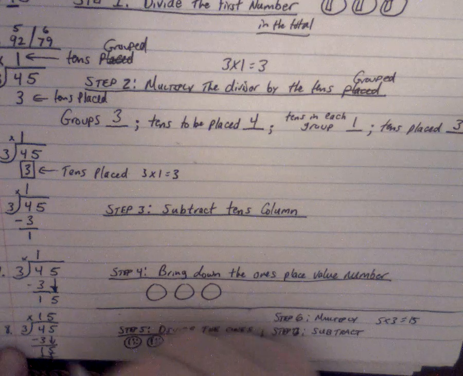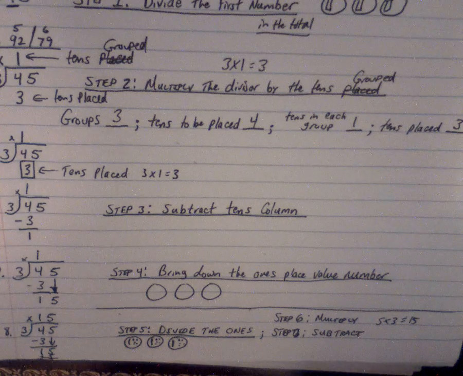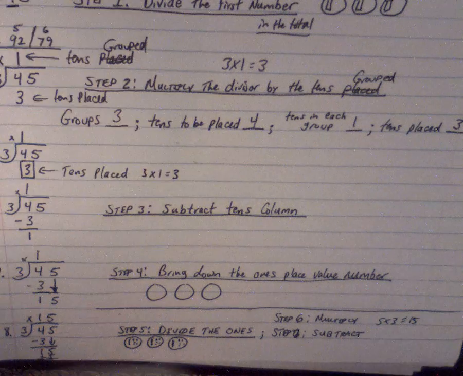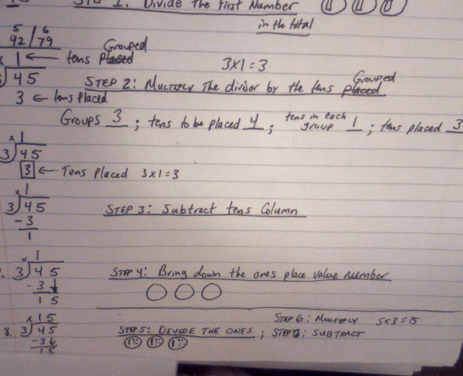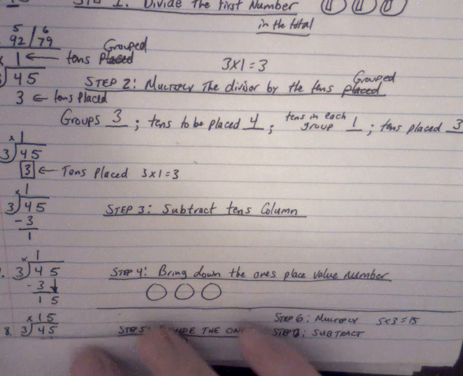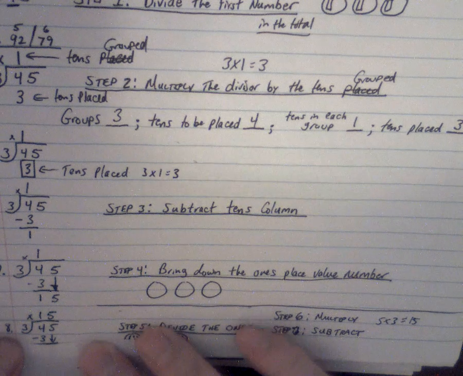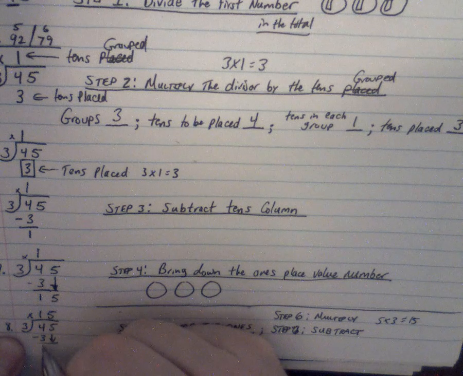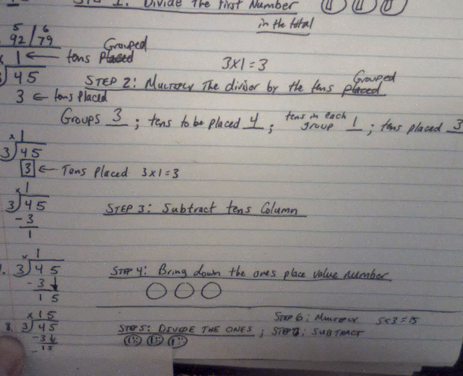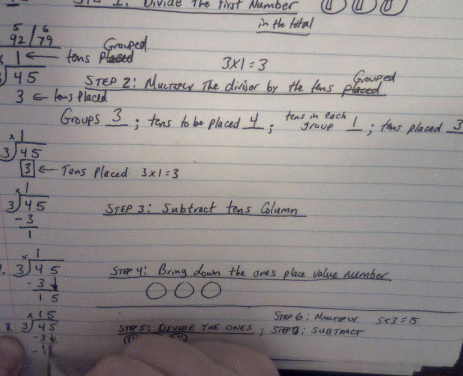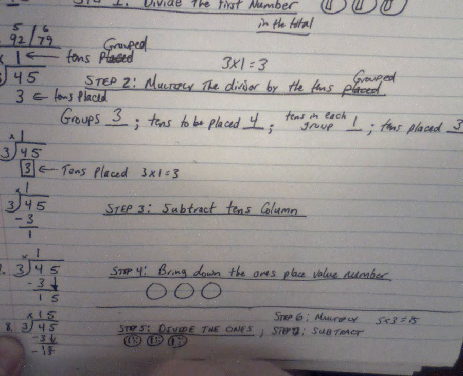Okay, you can't really see that too well. I'm sorry, my page is running out, but pretend my page extends if you can. Okay, so I'm going to try and do it right here for you. So 5 times 3 gives me 15. I multiply, I get 15, and I put it there.